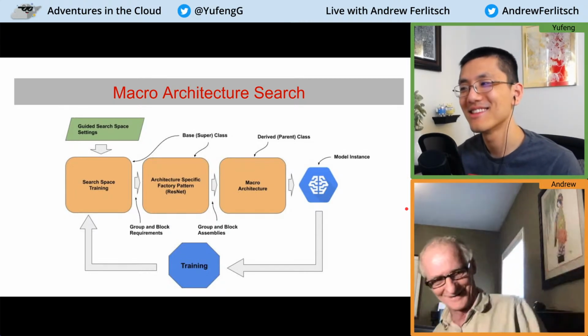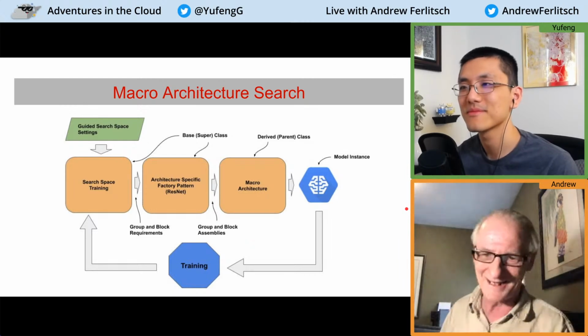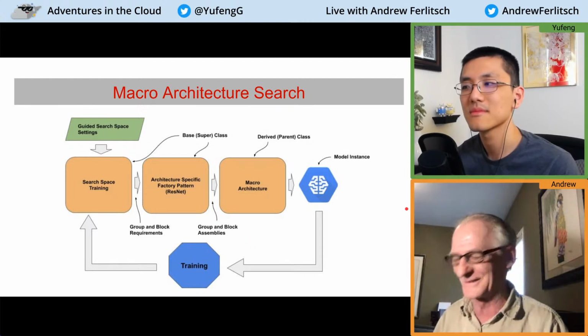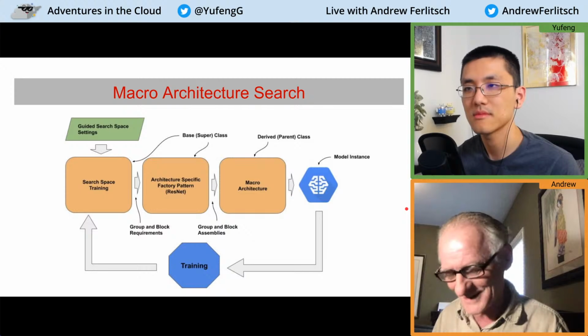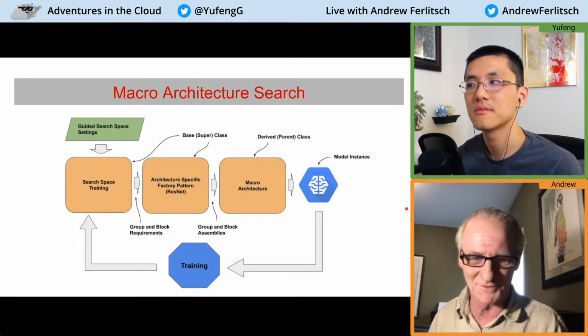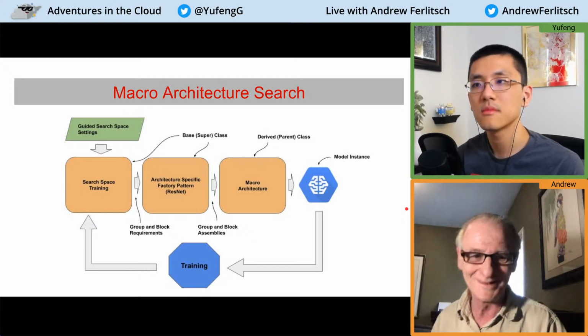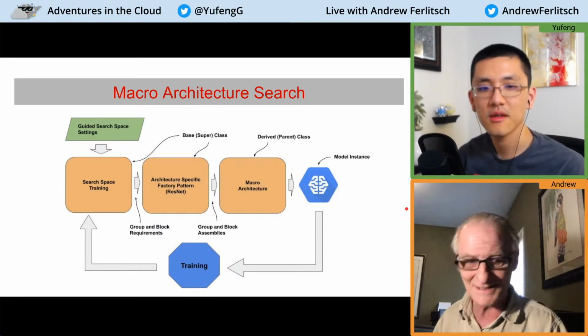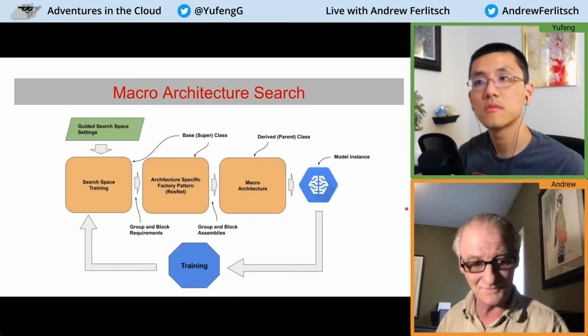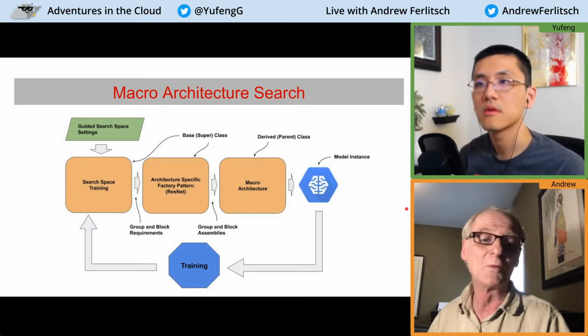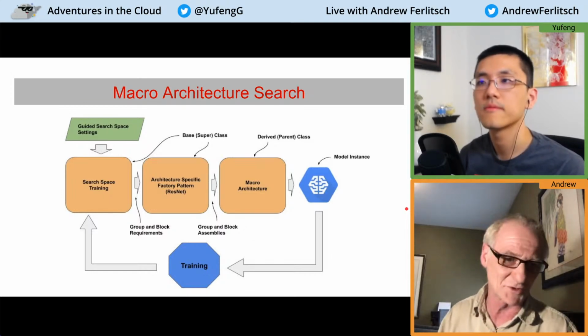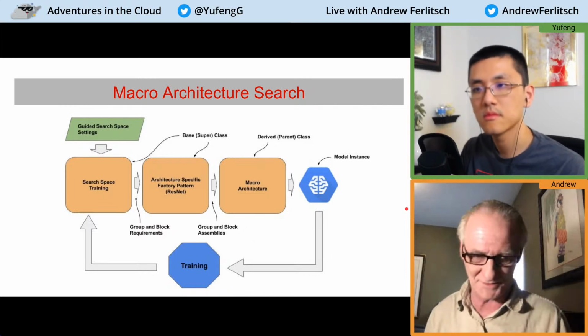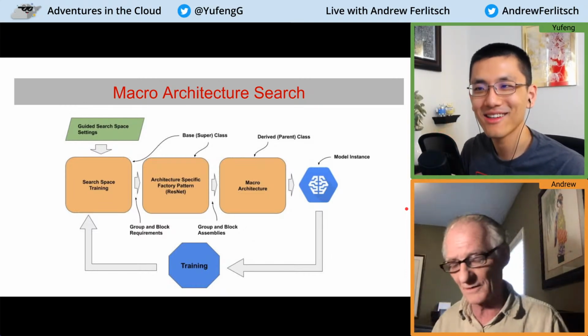So this kind of gets to network architecture search, NAS, but there's actually two levels of it. One is macro and one is micro. Those original papers, like on NASNet and then AmoebaNet and even on EfficientNet, are all done with what we call micro architecture search, which is highly expensive computationally.